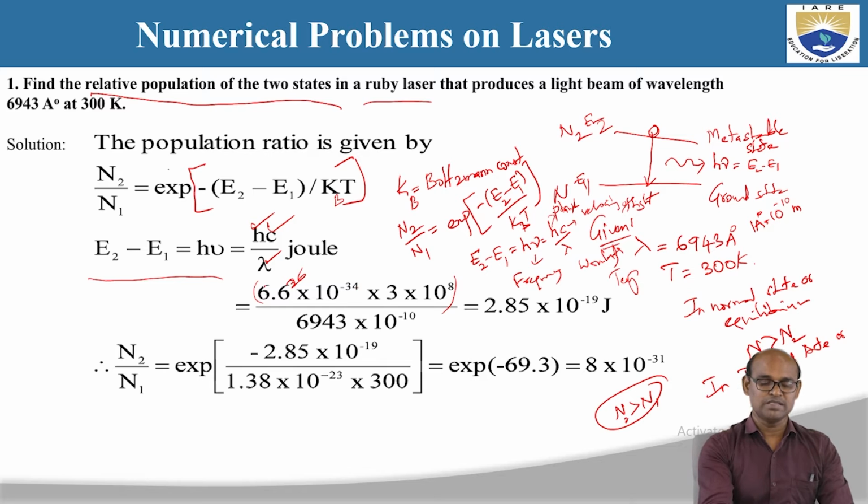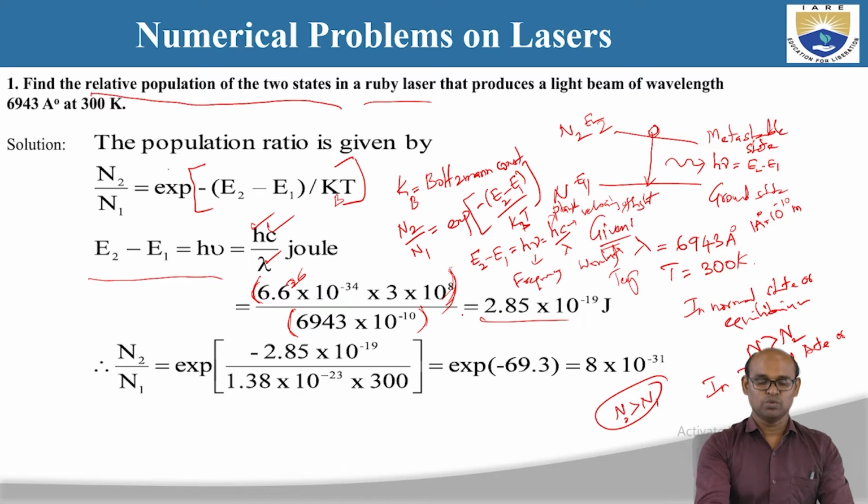Always, when using calculators, you better use brackets. All the numerator must be inside a bracket, then divided by the denominator, also inside a bracket. Then you will get the correct answer.